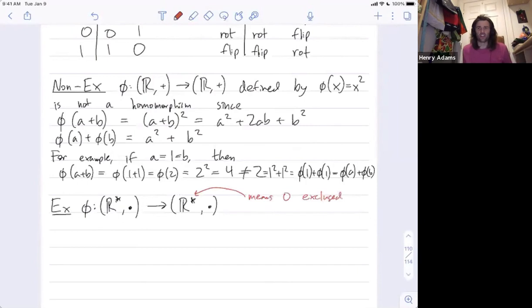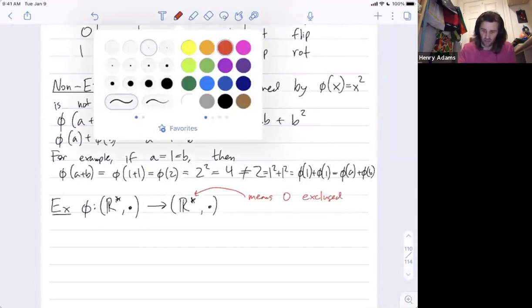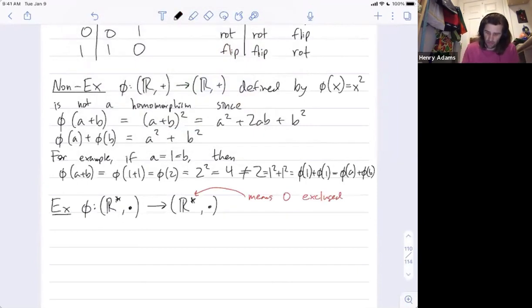And the non-zero reals are a group under multiplication. Let's define phi in the same way. Phi of x is equal to x squared. This now is a homomorphism.